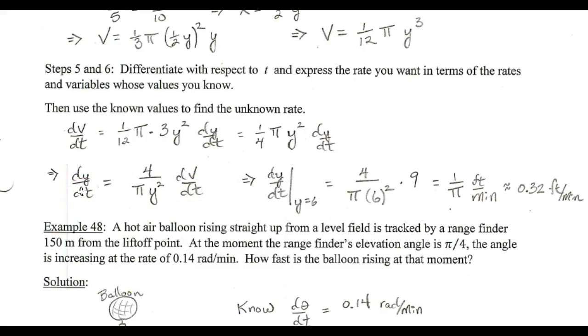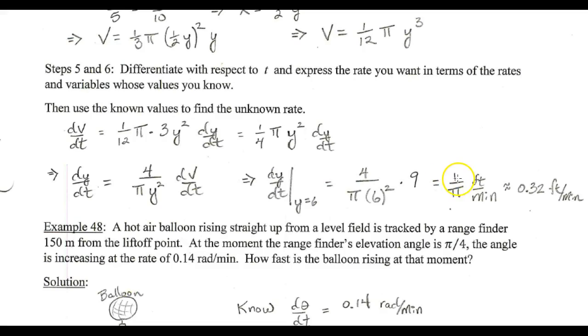And now I want to know, what is that unknown rate of change exactly at the moment in time when y itself is exactly equal to 6. So I want to find dy/dt evaluated when y equals 6. So that's 4/pi times 6 squared times dV/dt, which we know is 9, right? 9 cubic feet per minute.